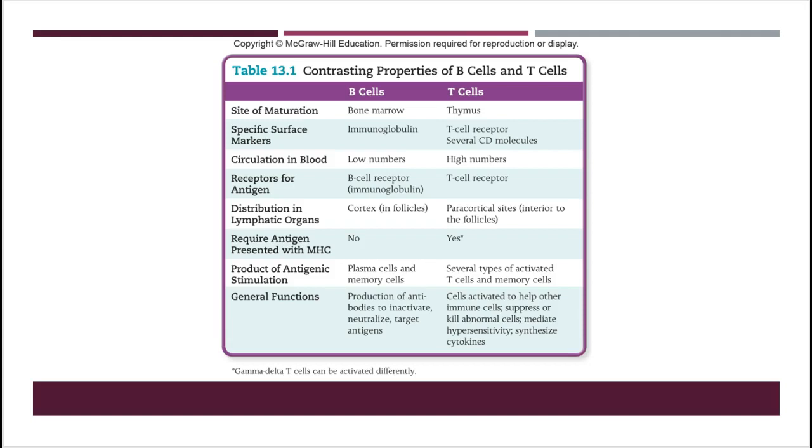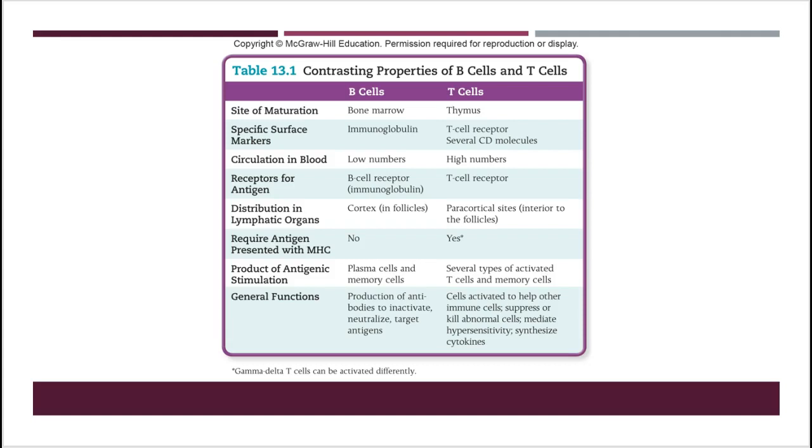Remember, our macrophages, our dendritic cells, and our B cells are going to present antigen using those class 2 MHC molecules. They're going to present antigen to T cells. The product from stimulation by antigens for each of these is different.